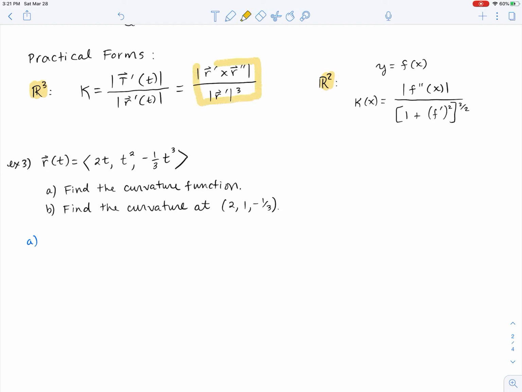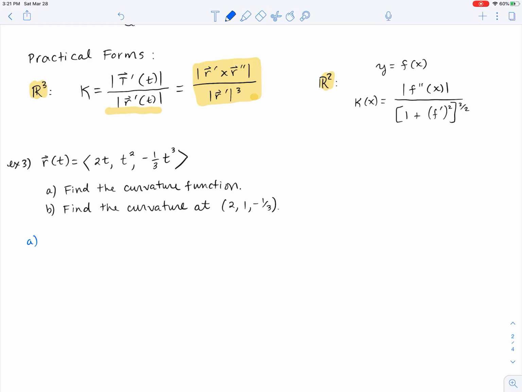I don't want to find the unit tangent vector or the derivative of the unit tangent vector. If I had already found the unit tangent vector in the context of a problem, then I would use this formula. But since I don't have it, I'm going to use this second formula.